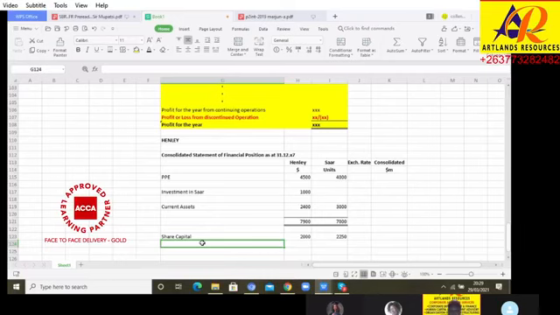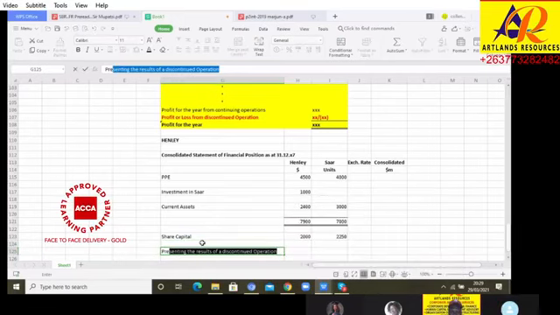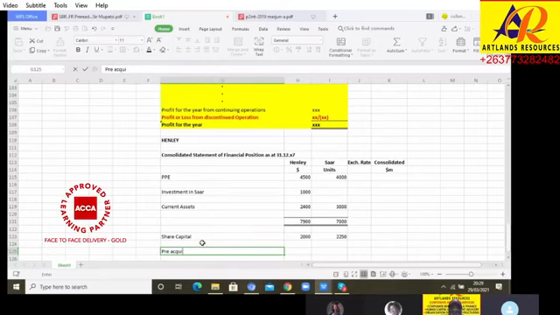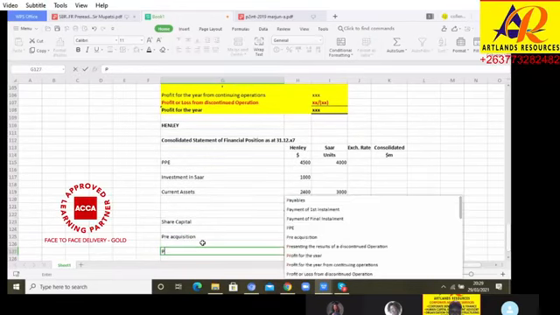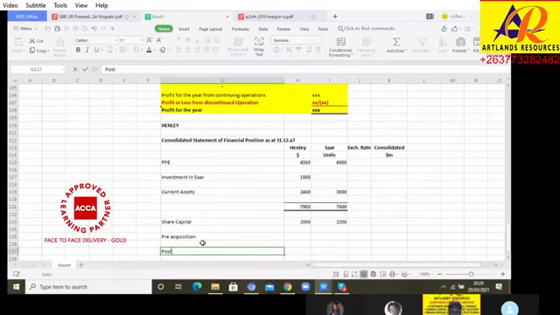On reserves, you have to say pre-acquisition reserves, because they are translated differently, and then post-acquisition reserves. The examiner will give you combined like this, but in the notes you are told that the pre-acquisition reserves were so much.